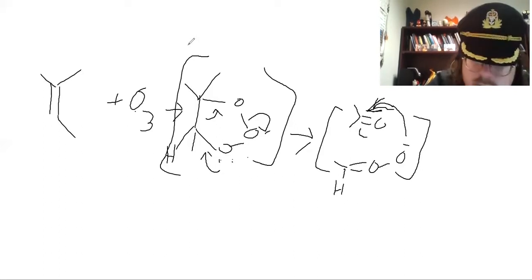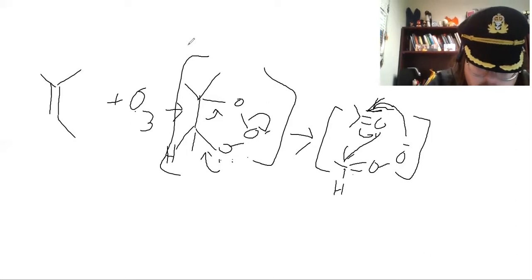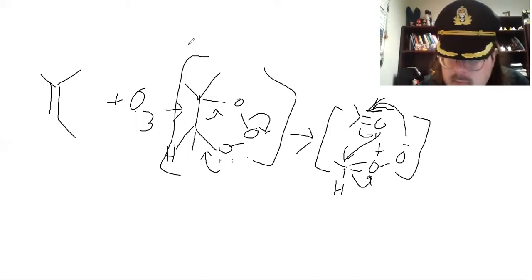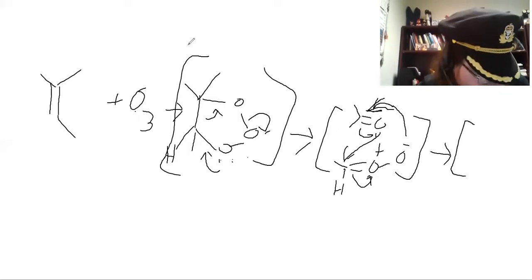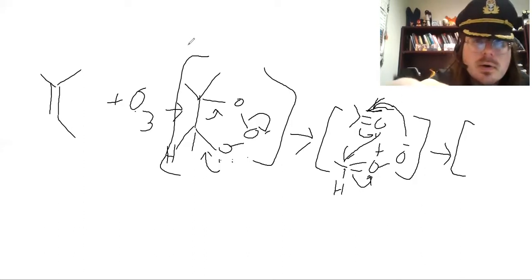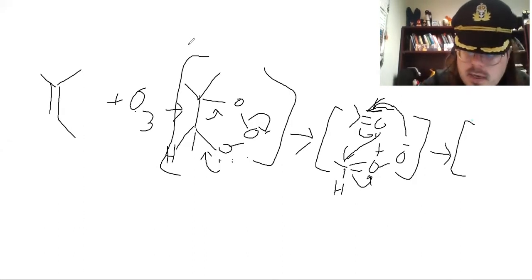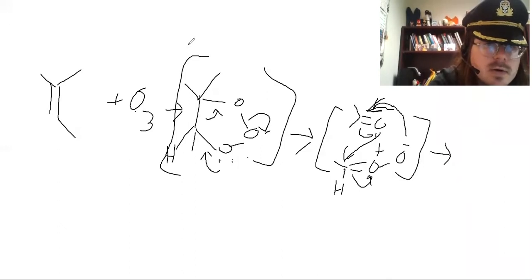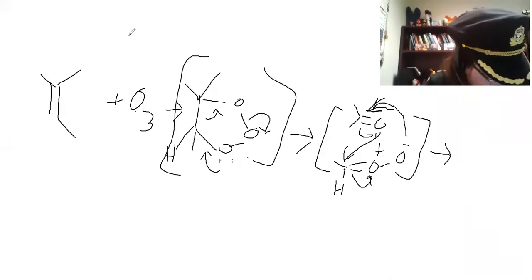That double bond swings here, and that swings over there. And basically when you do the ozone, it rearranged itself into this compound. And this compound is what hangs around until we are ready for the next step.